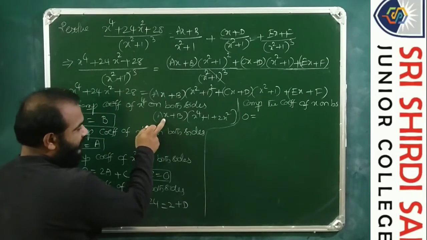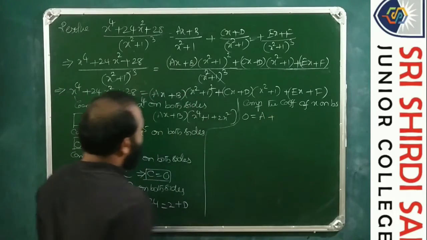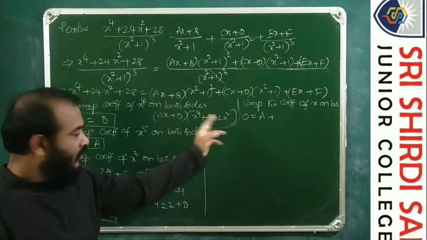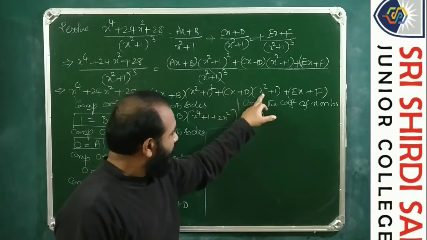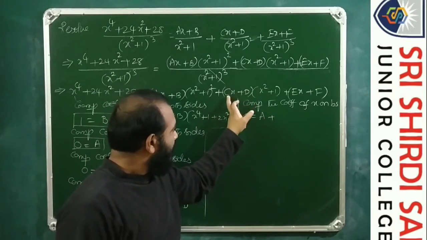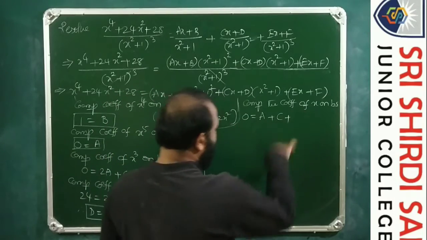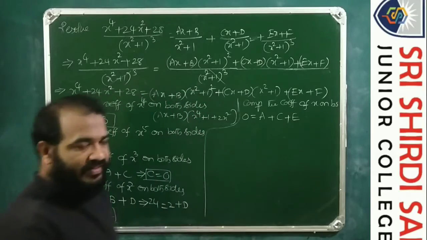Here ax into 1, ax, so the x coefficient is a. Instead of that, we do not get any coefficient of x here. So here cx into x square is cx cube, cx into 1 is cx, the x coefficient is c, plus ex, the x coefficient is e. We get a plus c plus e.